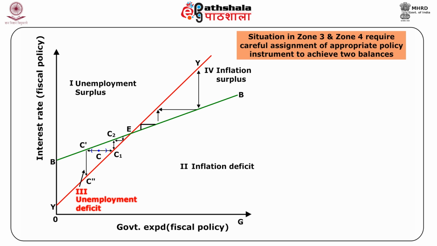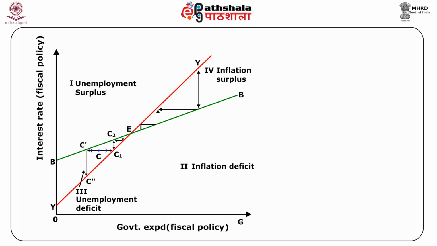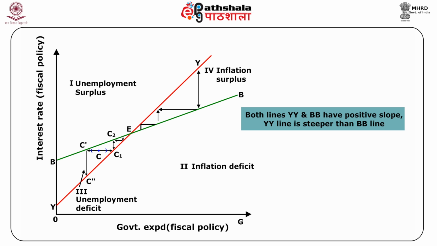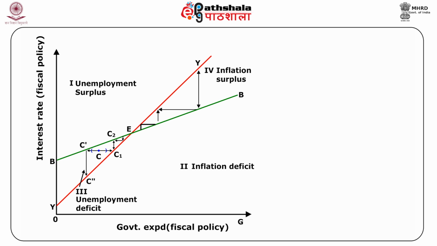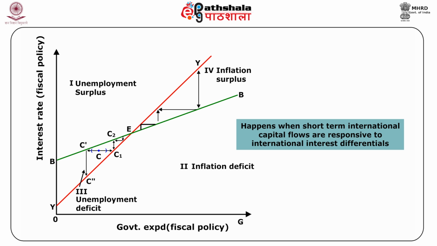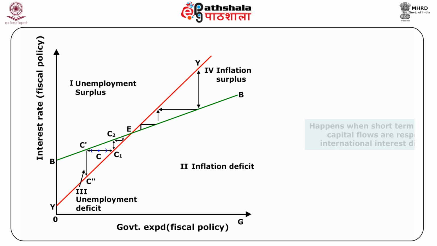The situation in Zone 3 and Zone 4 require a careful assignment of appropriate policy instrument to achieve the two balances. Both the lines YY and BB have the positive slope, but YY line is steeper than BB line. This happens when short-term international capital flows are more responsive to the international interest differentials.